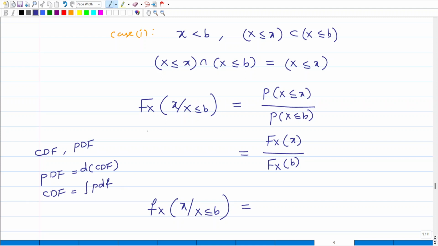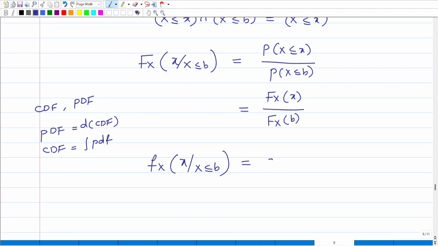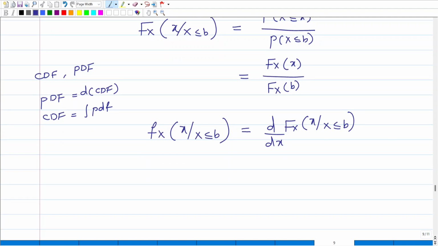Already we have obtained the conditional distribution function, the conditional CDF. Now we need to find the conditional density function. So we have to differentiate the conditional distribution function, d by dx of capital Fx of x given x less than or equal to small b. Only the numerator is a function of x, and the denominator is the CDF up to b, which is nothing but a constant.